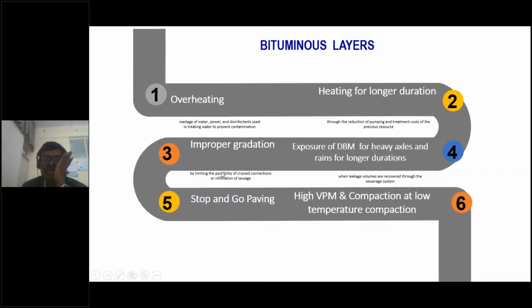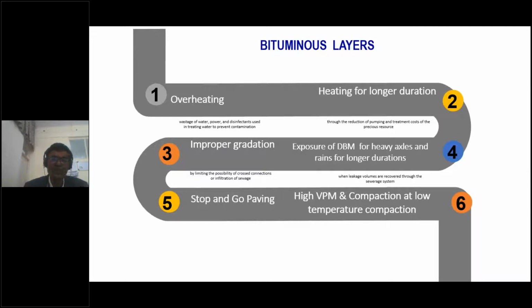And the other important aspect is paving. What is this paving? Paving, whether it is slip-form paving, concrete paving, or asphalt paving, is an art. Paving, more than engineering, is an art. And when we say paving, it's a continuous process. There should not be stop and go.